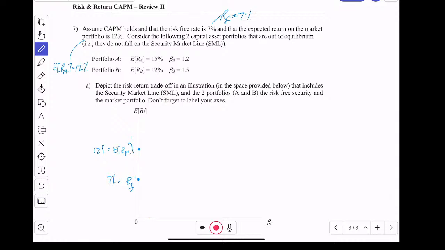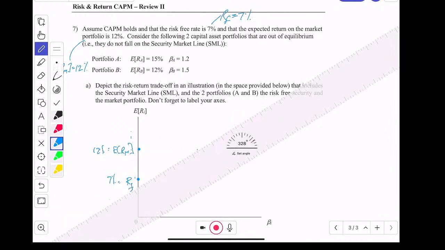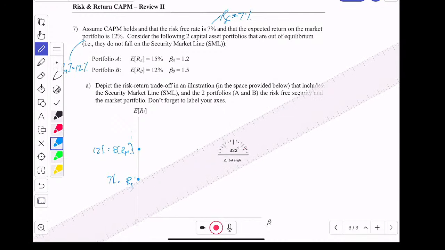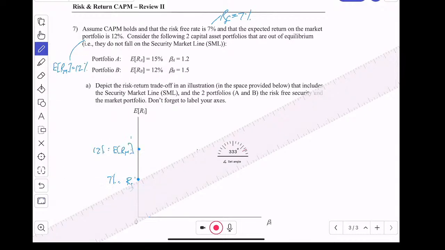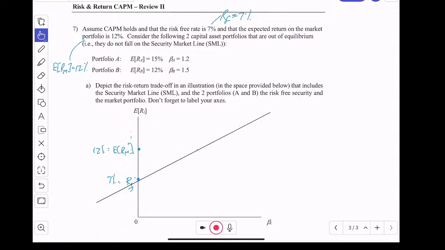And then the line. Notice the line can go back beyond. Betas can be negative, okay? We talked about that, I think.